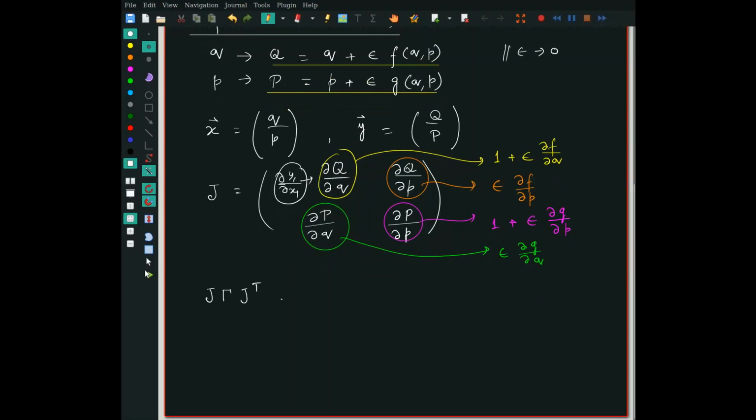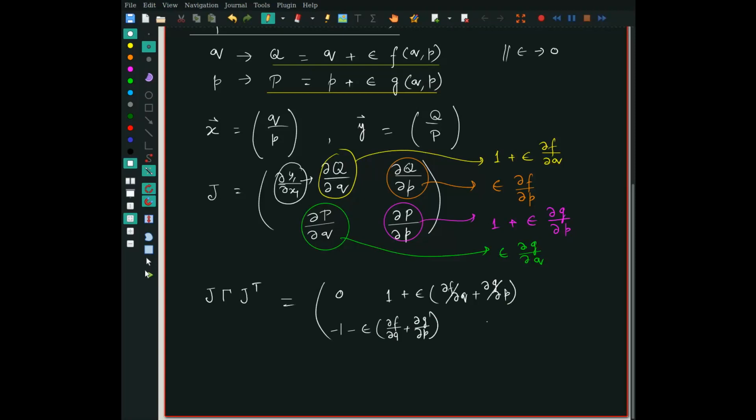To the first order of epsilon, if you expand and collect all these things, you can check that this comes out to be: 1 plus epsilon times (del f over del q plus del g over del p), then minus 1 minus epsilon times (del f over del q plus del g over del p) again, and here 0, plus terms of order epsilon square, which I will ignore because epsilon is so small.